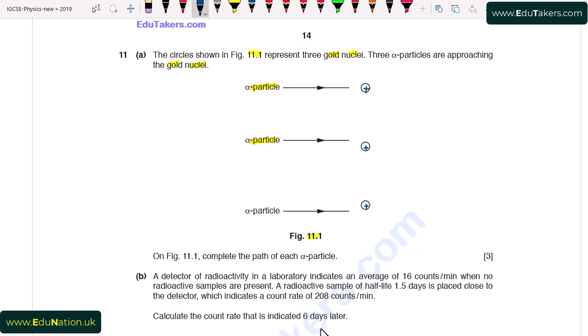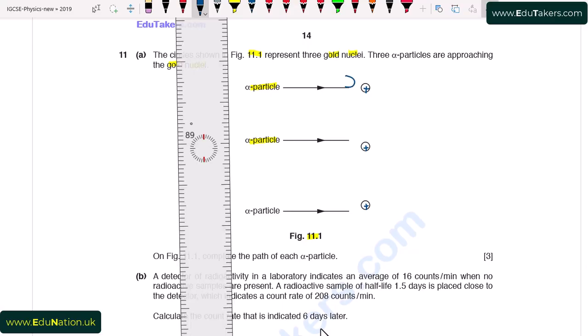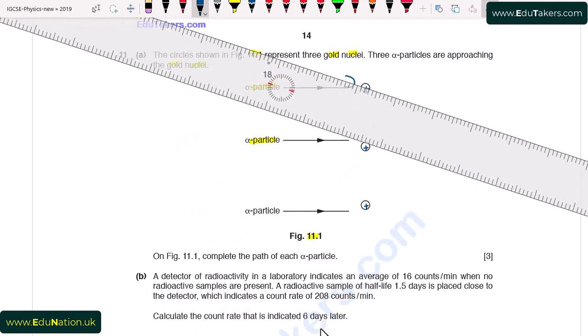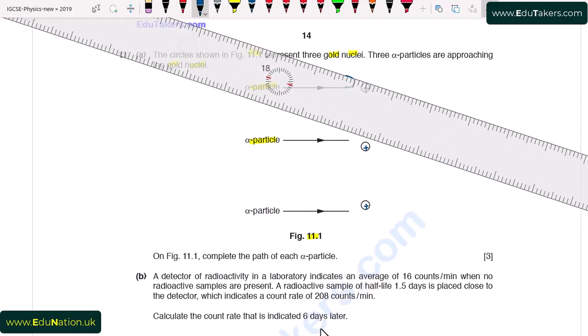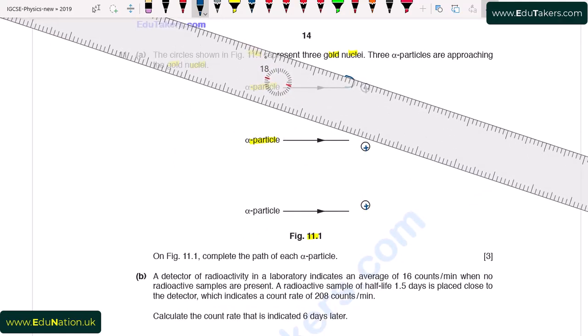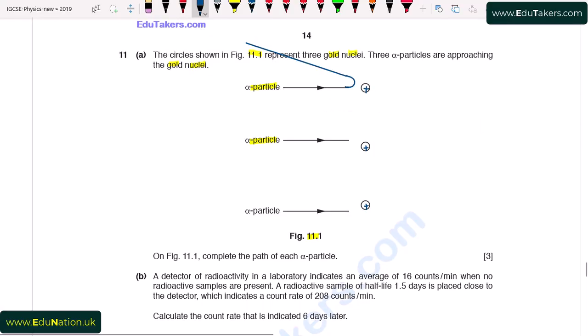So I am going to draw its path. It will deflect in the backward direction. So I also have to put arrows here.